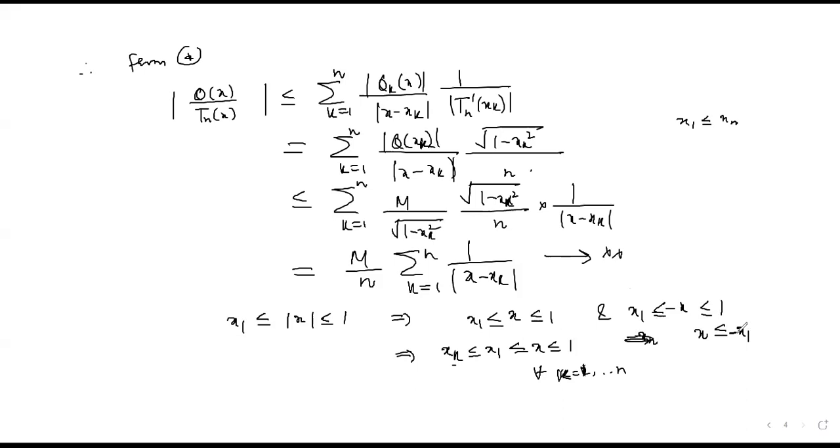No, minus x1. Or minus x1 would be less than or equal to minus xn, of course, which would be less than equal to 1. It should be, I think, less than equal to minus, just a minute, let us keep it like this, up to here it is fine. We will see in the next step.